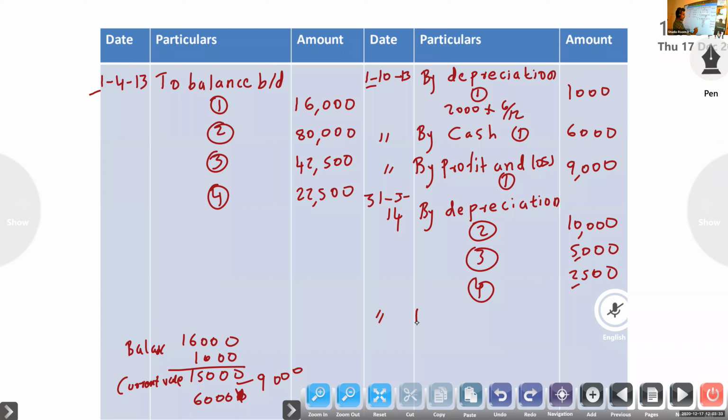Then same date, by balance carry down. Second: 80,000 minus 10,000. Third one: 42,500 minus 5,000, 37,500. Then fourth one: 22,500 minus 2,500, 20,000.